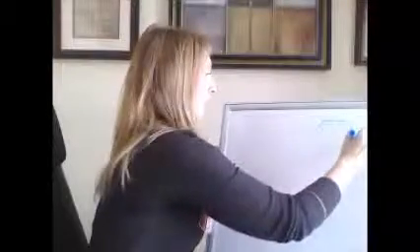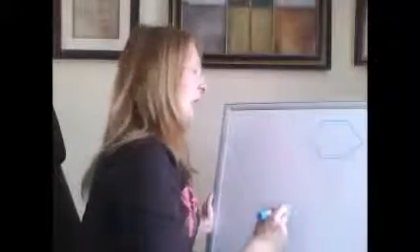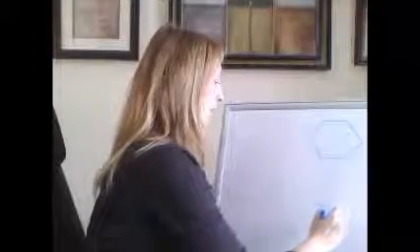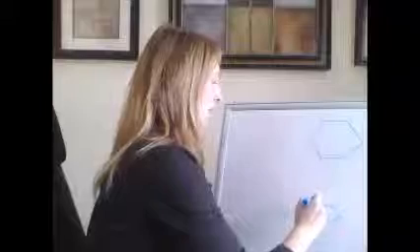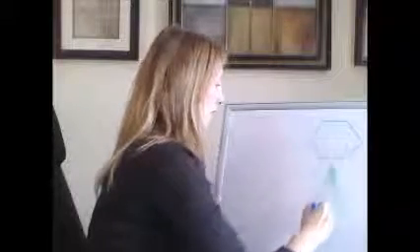Okay. So let's go ahead and say I have a base that looks like that. So I have a pyramid that has that. I'm gonna kind of flatten it, right? So here's my pyramid.